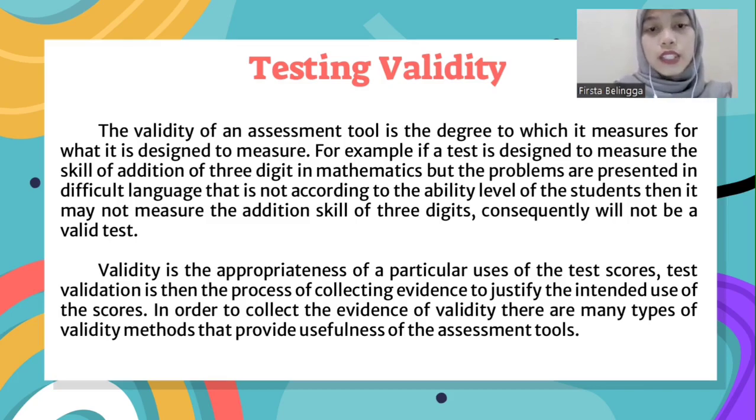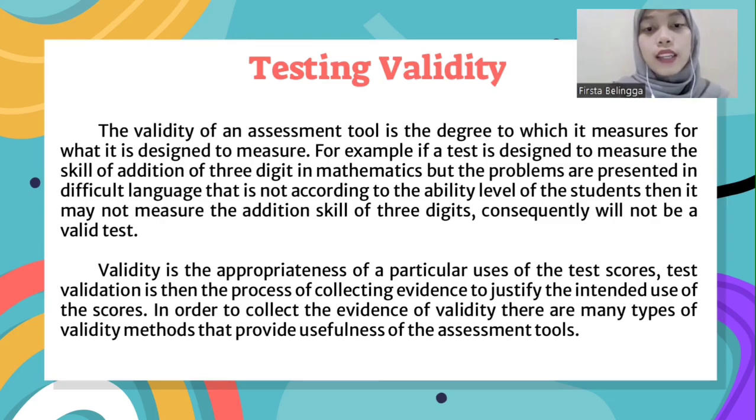Test validation is the process of accumulating evidence to support such inferences. And validity is the appropriateness of particular uses of the test scores. Test validation is then the process of collecting evidence to justify the intended use of the scores.